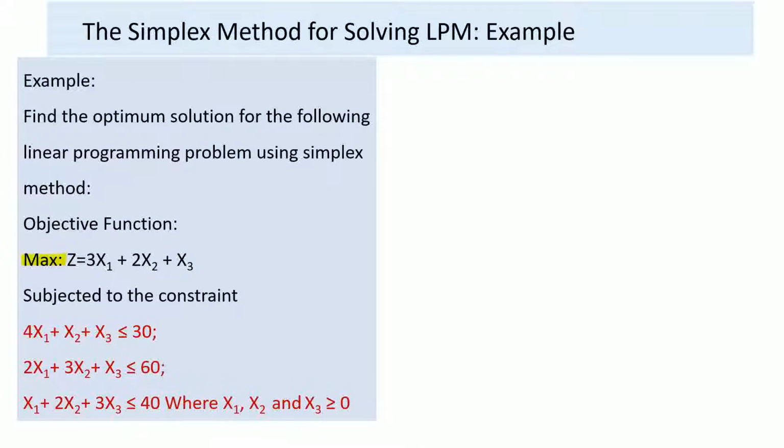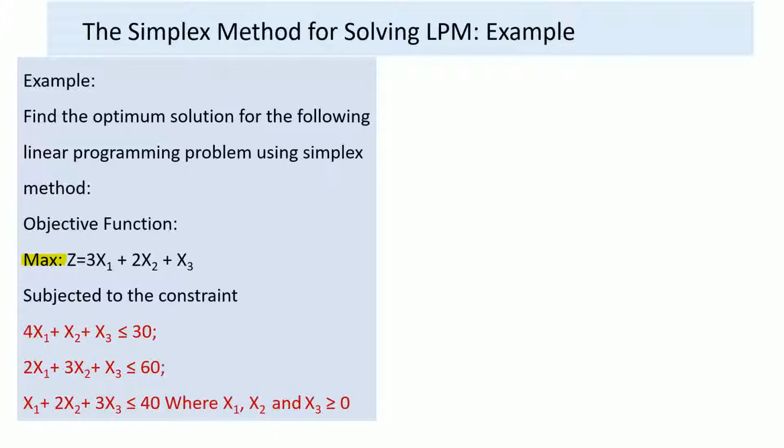Our objective is to maximize this function, which is subject to the constraints: x1 plus x2 plus x3 less than or equal to 30, 2x1 plus 3x2 plus x3 less than or equal to 60, and the third constraint is x1 plus 2x2 plus 3x3 less than or equal to 40, where x1, x2 and x3 are greater than or equal to 0.